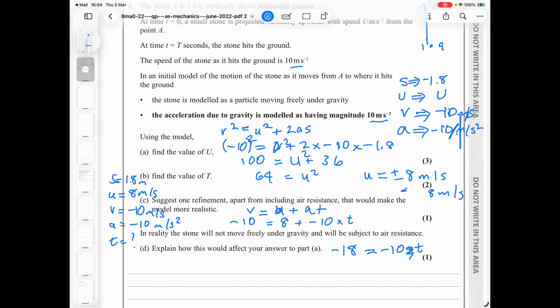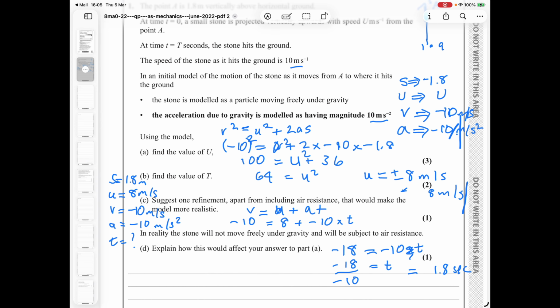And so -18 over -10 equals T, so T equals 1.8 seconds, or 9/5.